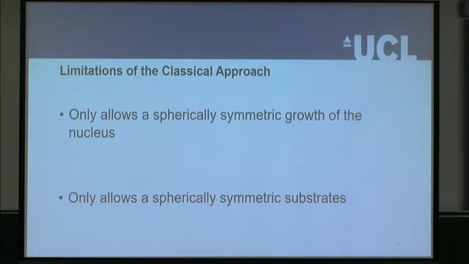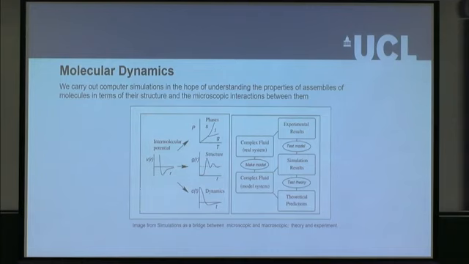The second limitation is probably the interesting one, because classical nucleation theory only allows spherically symmetric substrates to be described this way. And since, ideally, we want to know how icing processes are related to the geometry of the substrate, this is a big drawback of the theory.